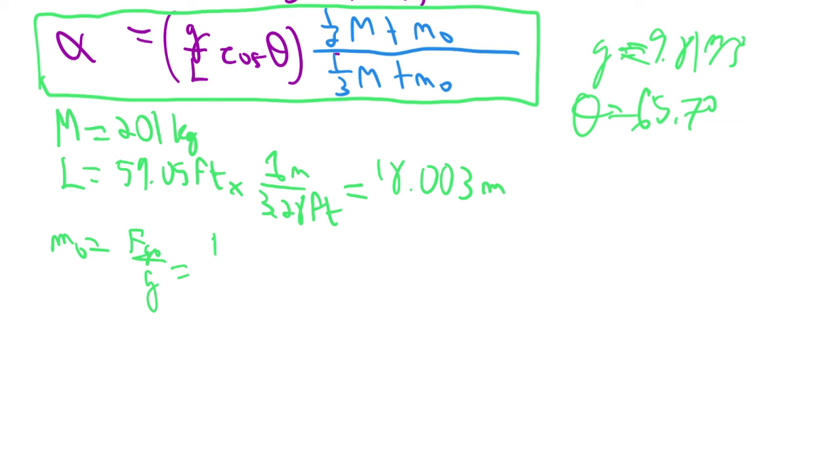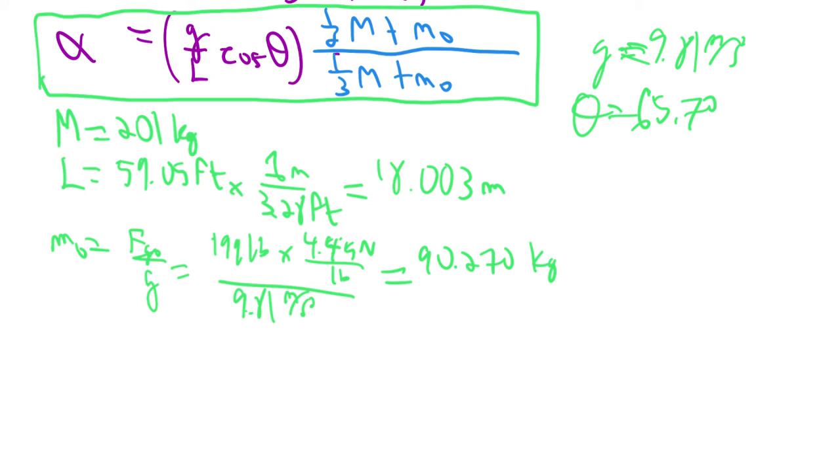199 pounds times what they give us as conversion factor, which is that there are 4.45 newtons per pound, and then I've got to divide by the 9.81 meters per second squared to make it into kilograms, because why not? 199 times 4.45 over 9.81 turns out to be 90.270 kilograms.